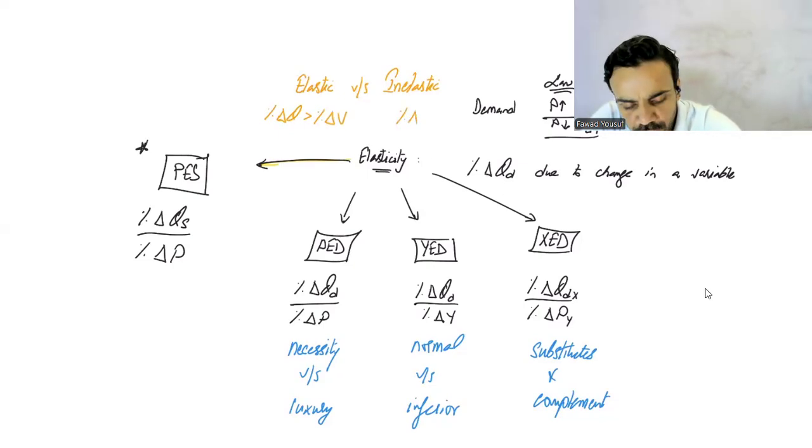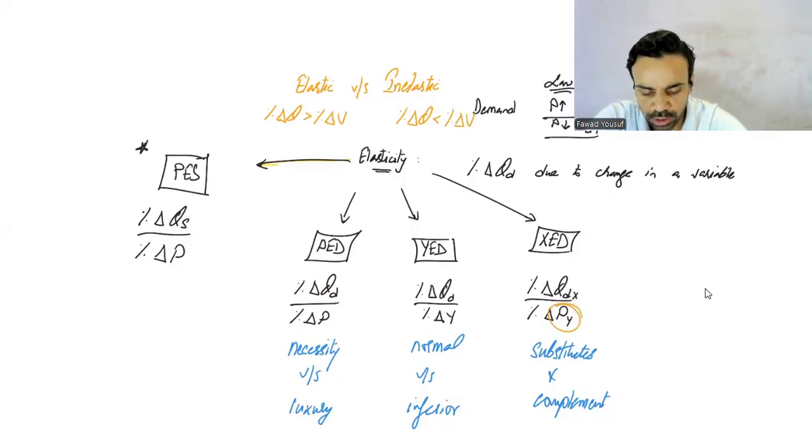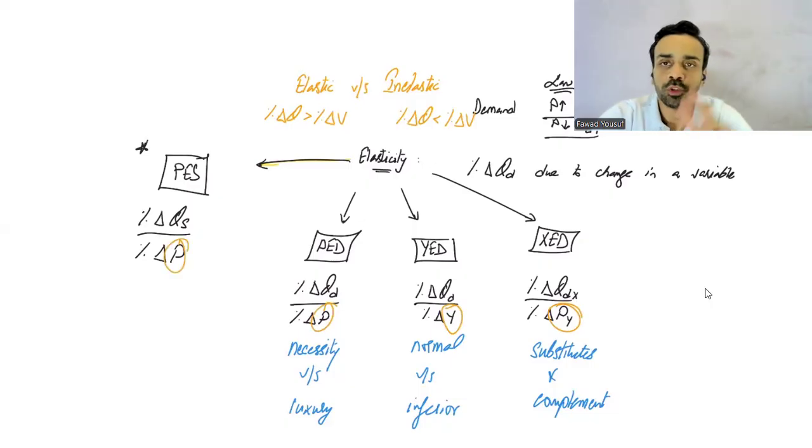And if the change in quantity is smaller, then whatever the variable is, variable matlab ke change in the price of other good, income, price, right? तो जो भी दूसरे वेरिएबल के अंदर इफेक्ट होगा, if there's a big change in quantity, elastic, small change, inelastic.